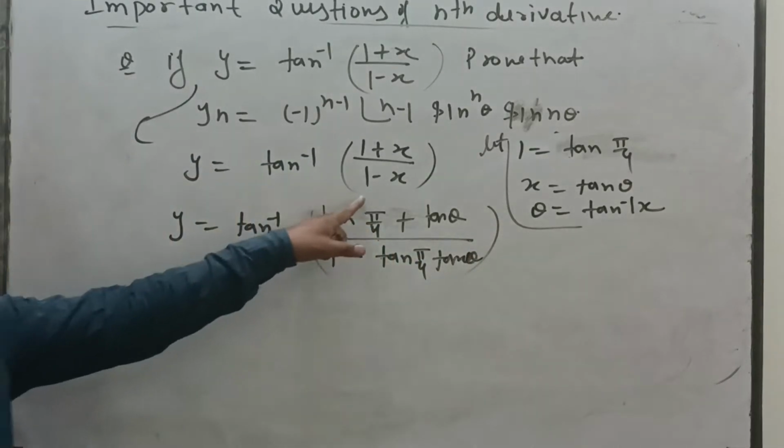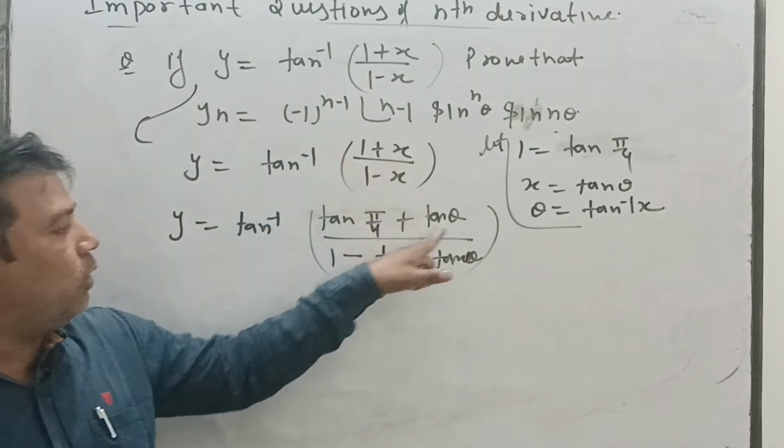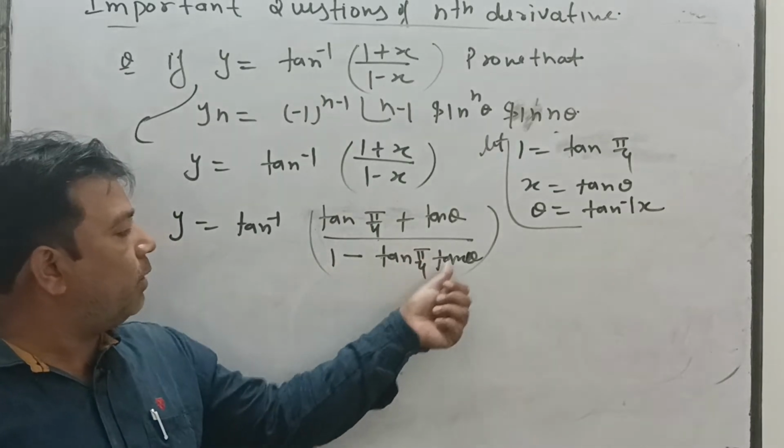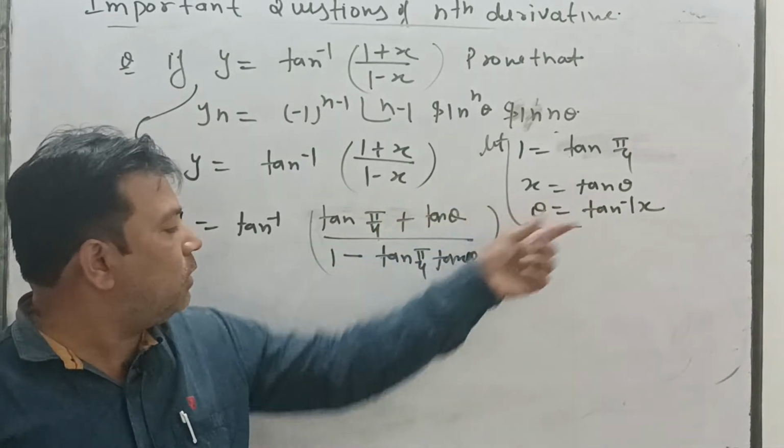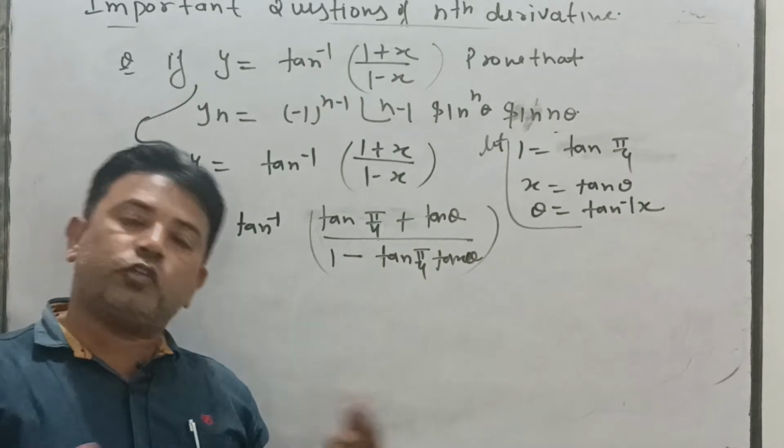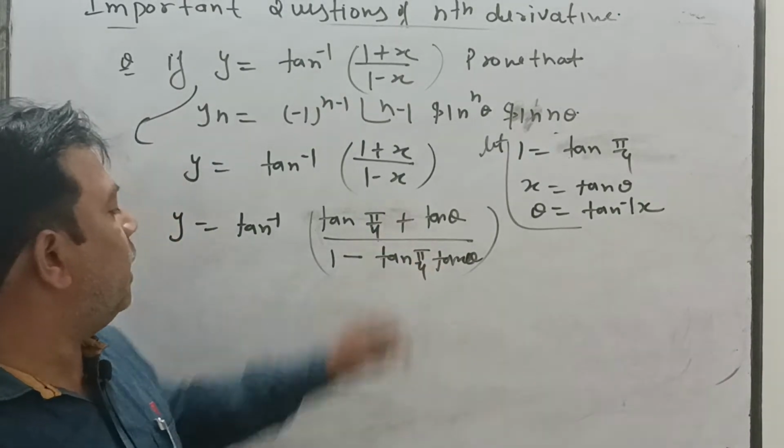The value of tan pi by 4 is 1 and x equals tan theta, so in place of 1 we write tan pi by 4, and in place of x we write tan theta.